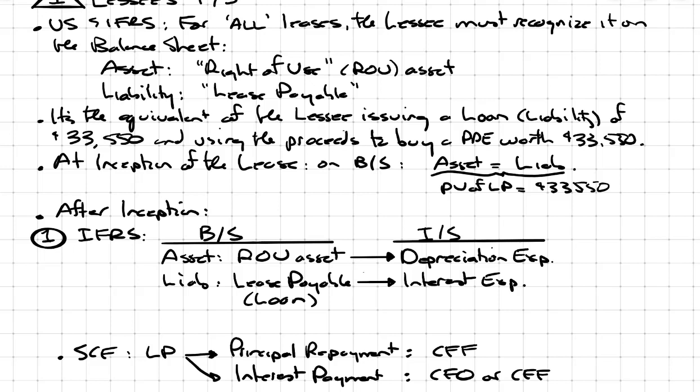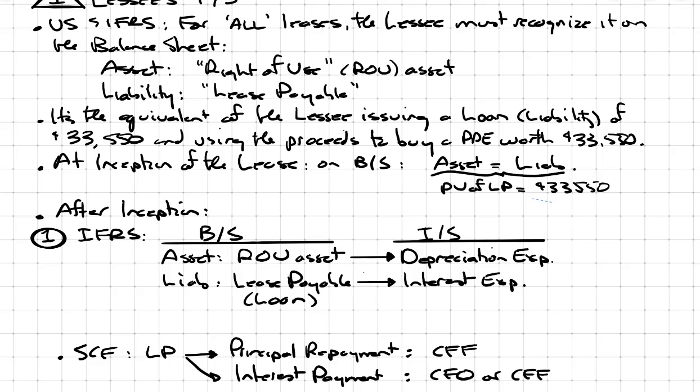And that would be the present value of lease payments of $33,550. So once again, it's worth reminding that even though technically the lessee did not buy the asset, from an accounting point of view, because the lessee is still using the asset, the accountant is saying, we really don't care whether you bought it or whether you leased it. The fact is that you are using this asset, and therefore you have to report it on your balance sheet.